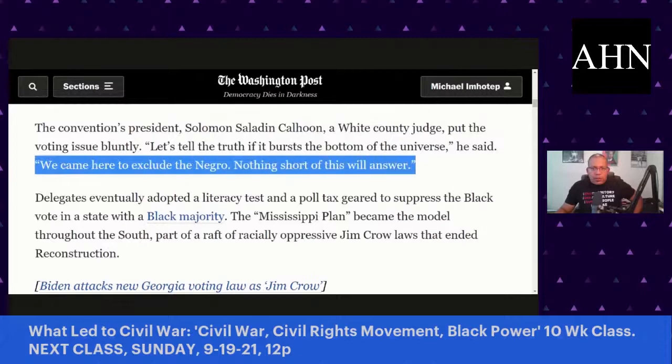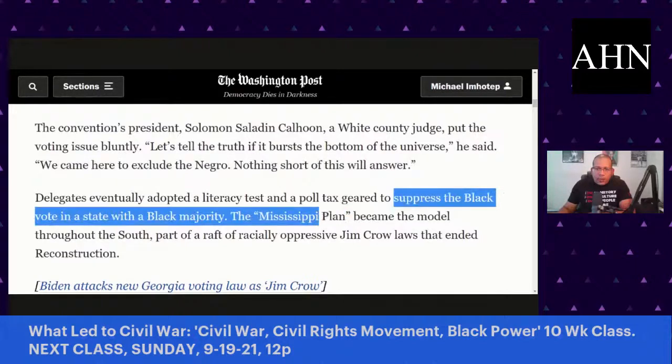Nothing short of this will answer. This was at a time when African Americans were the majority of the population in Mississippi. So these white supremacists are trying to take back control of the state legislatures, take back control of the government in the state of Mississippi to fully impose white supremacy.